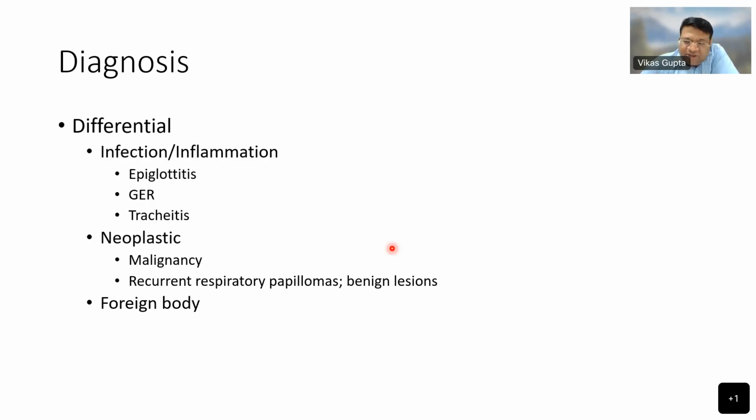But as I told, more than 80% of these patients have acquired stenosis, and most of them are after one or the other form of trauma. It can be intubation trauma. Most of these patients are post-intubation trauma, or some other kind of trauma like strangulation by the dupatta or those kinds of things in India.